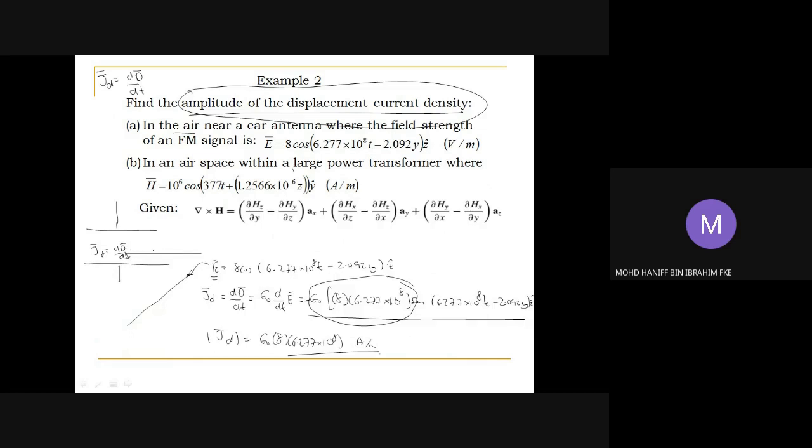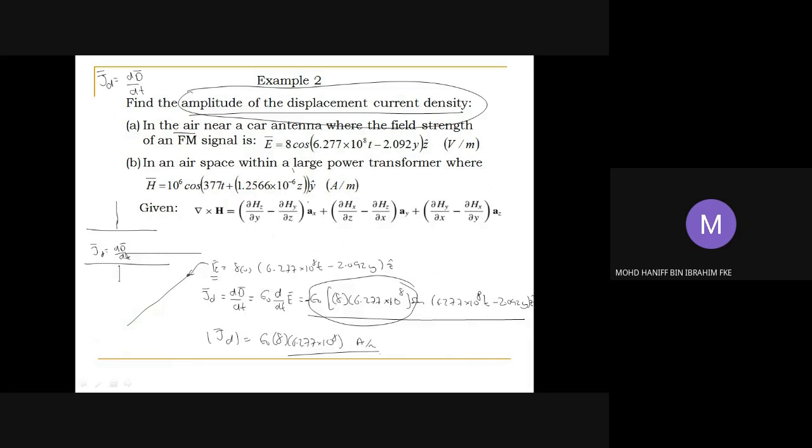Okay, you're going to learn about wave propagation in the next chapter, where you're going to see later on how we can apply all of these Maxwell's equations in explaining the wave propagation, in our last chapter of EMT.